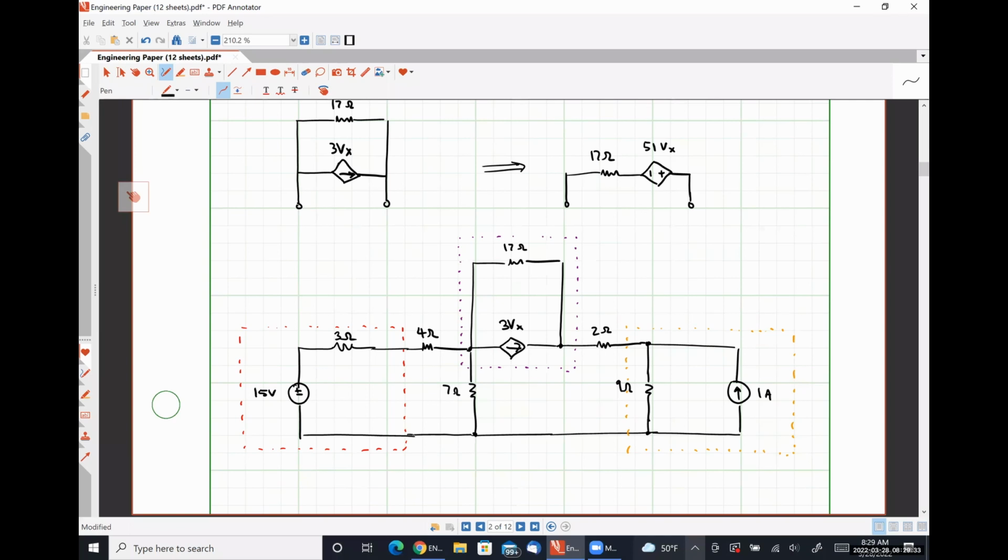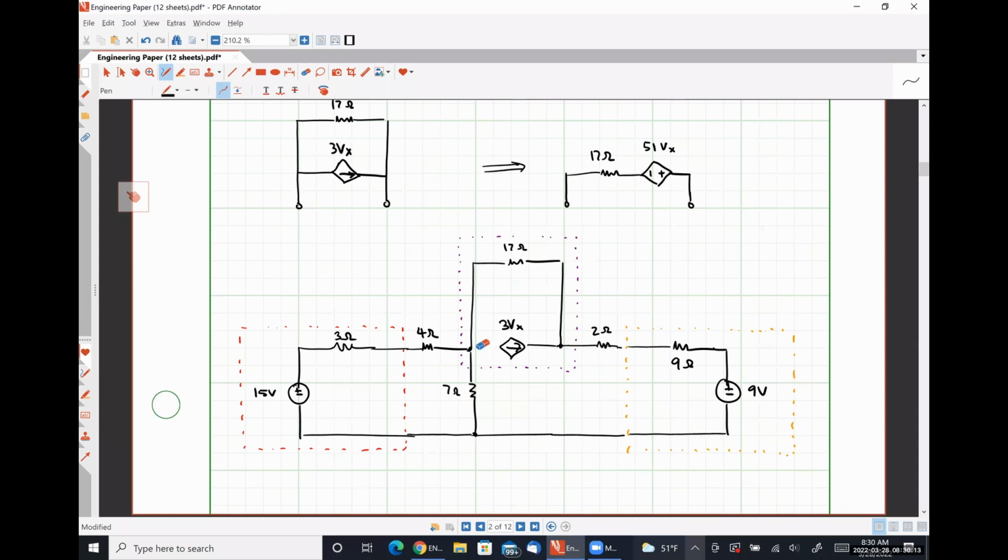I'm going to do the same thing over here on the right. So I unplugged that practical current source. And now I'm going to plug in the 9 ohm resistor in series with the 9 volt source.